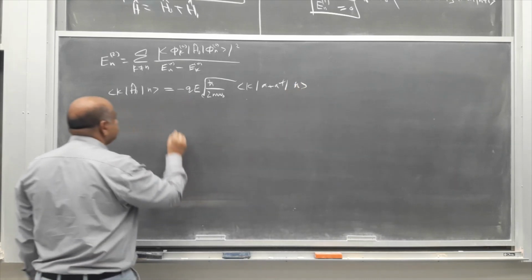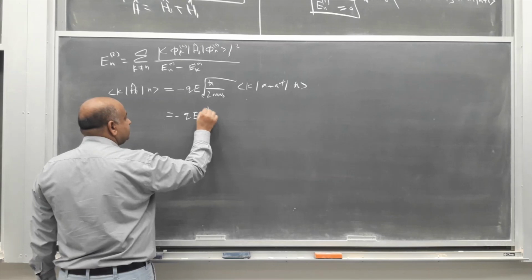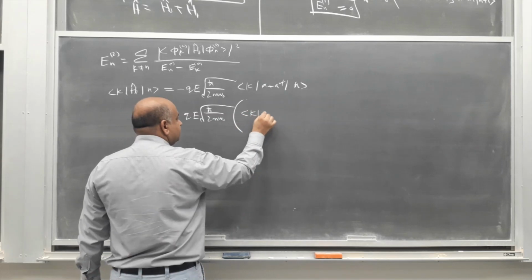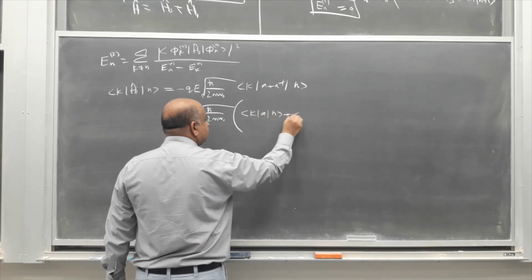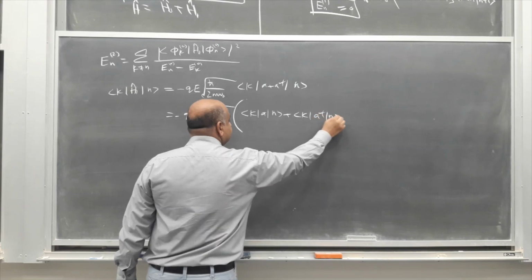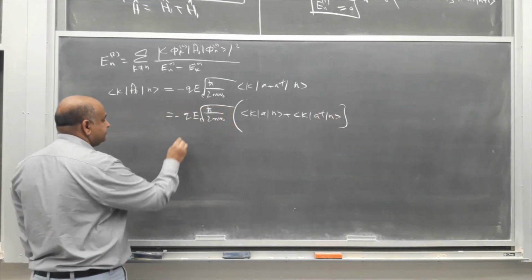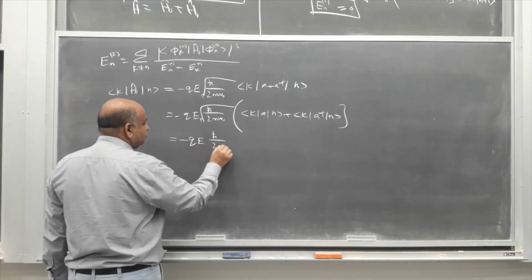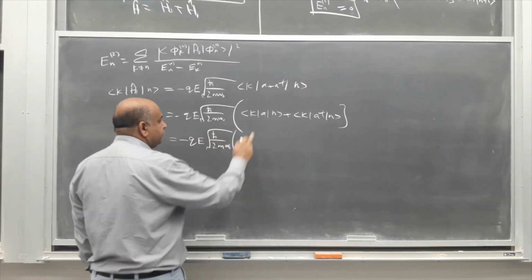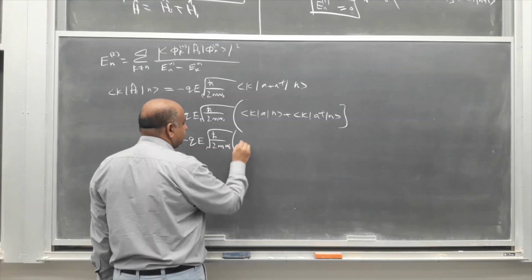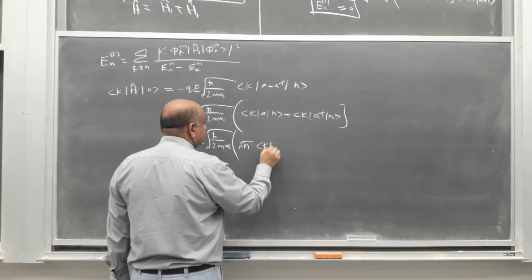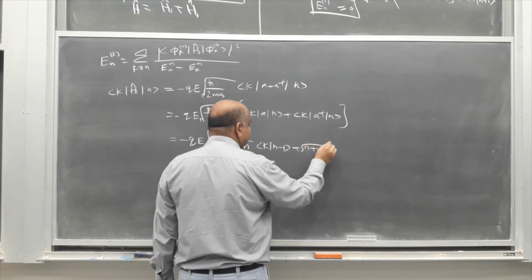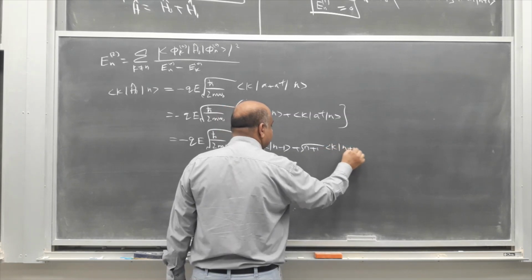So we get minus qE √(ħ/2mω0) times ⟨k|a|n⟩ plus ⟨k|a†|n⟩. When a operates here, it becomes n minus 1, and we get √n, |n−1⟩. Similarly, here we get √(n+1), |n+1⟩.